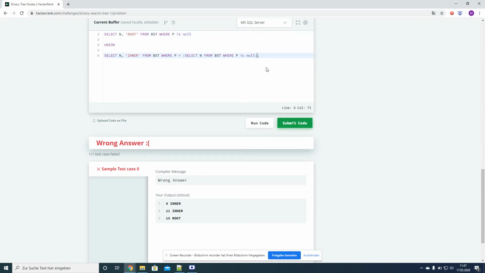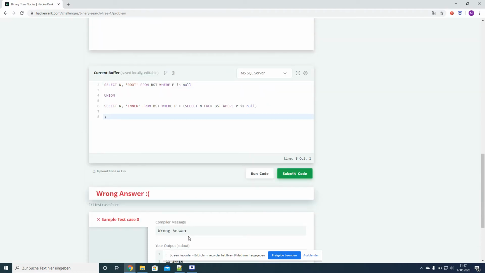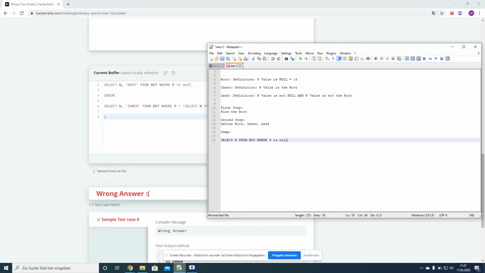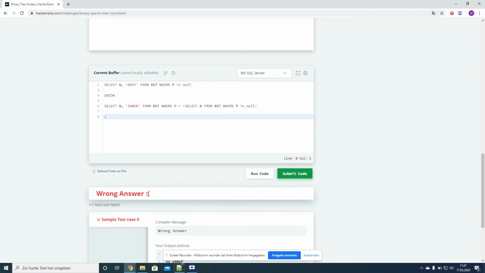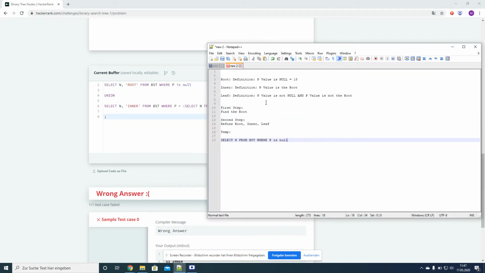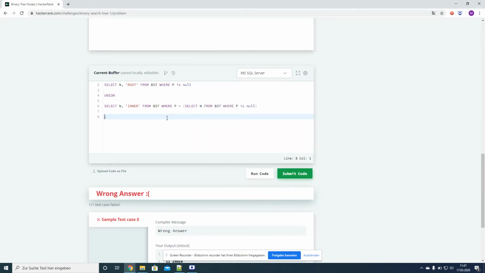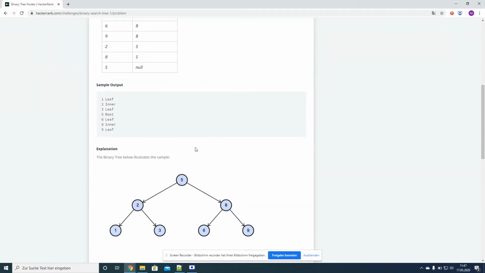And now let's write the third definition. Third definition is here: p-value is not null, and p-value is not the root. Okay. Select n. What's the third one? How is it called? I think it's called leaf, right? Yes, leaf.